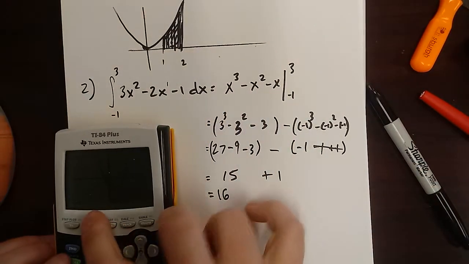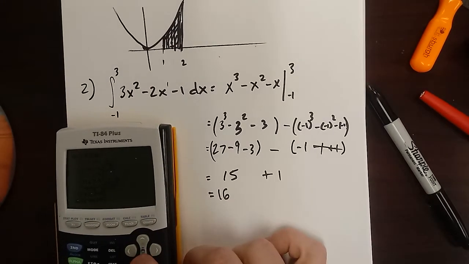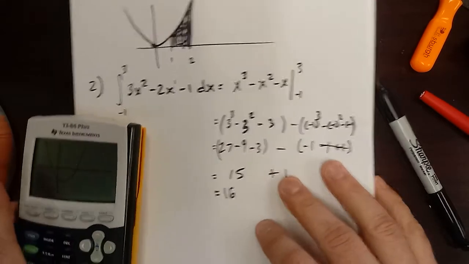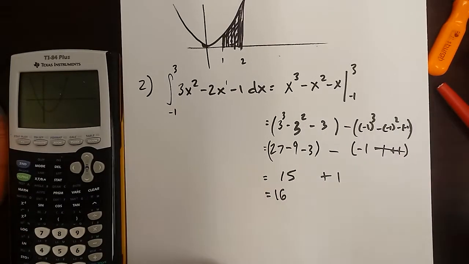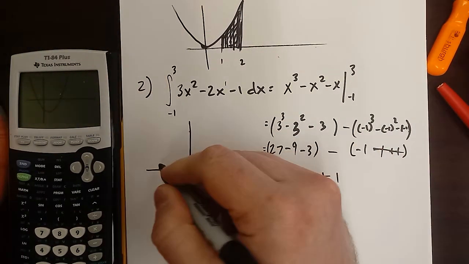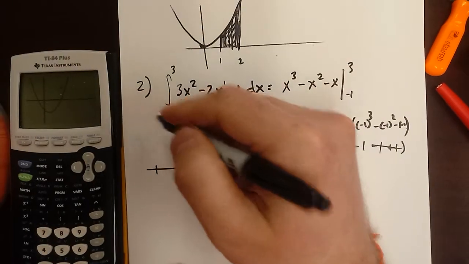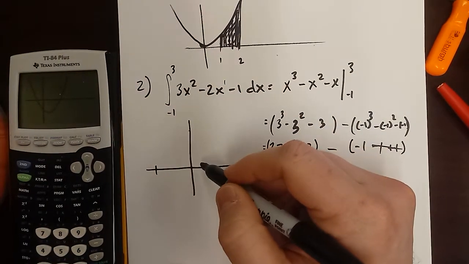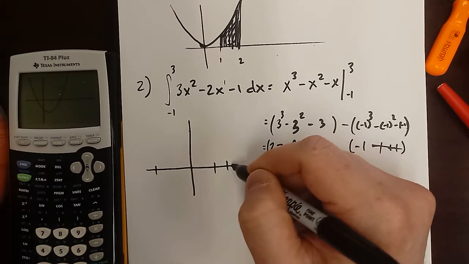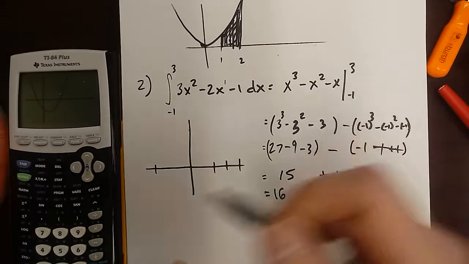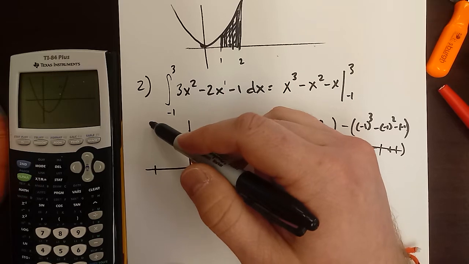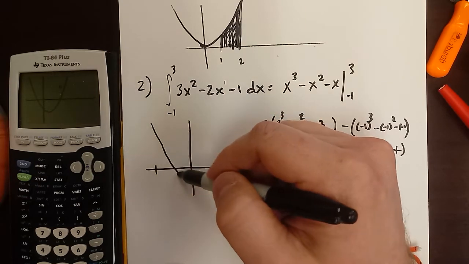So let's see, we're going from negative 1 to 3. So if I look at this, we should talk about what this number 16 actually means in context of this problem. There, perfectly to scale. Now, okay, so I know there's some problems with this, but what winds up happening is we have this.